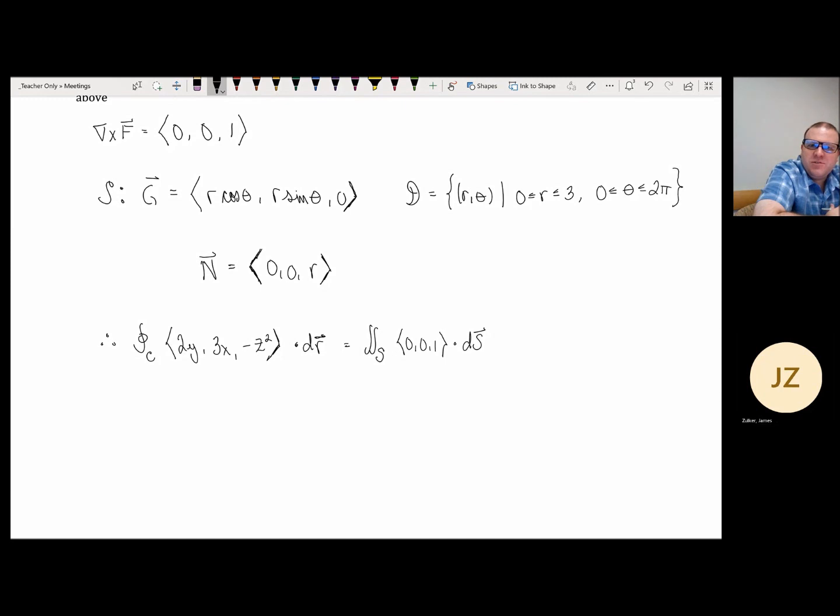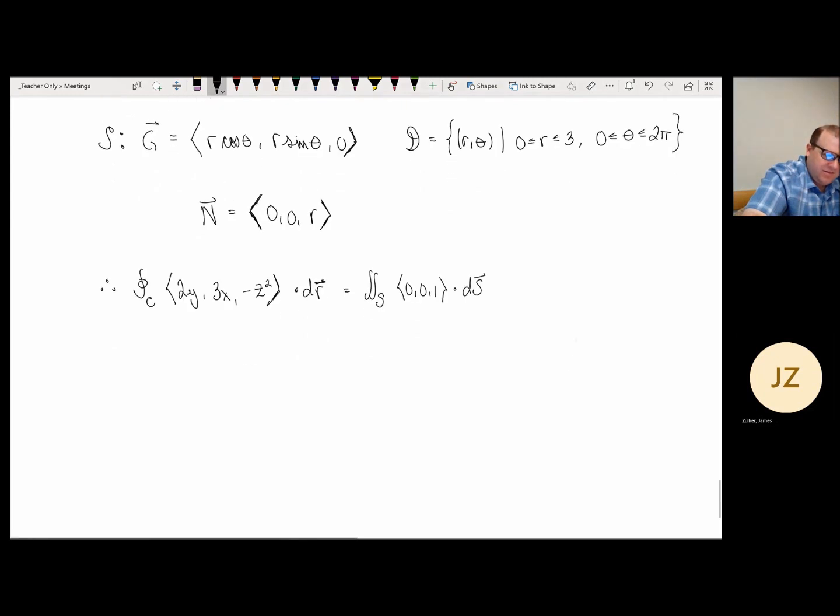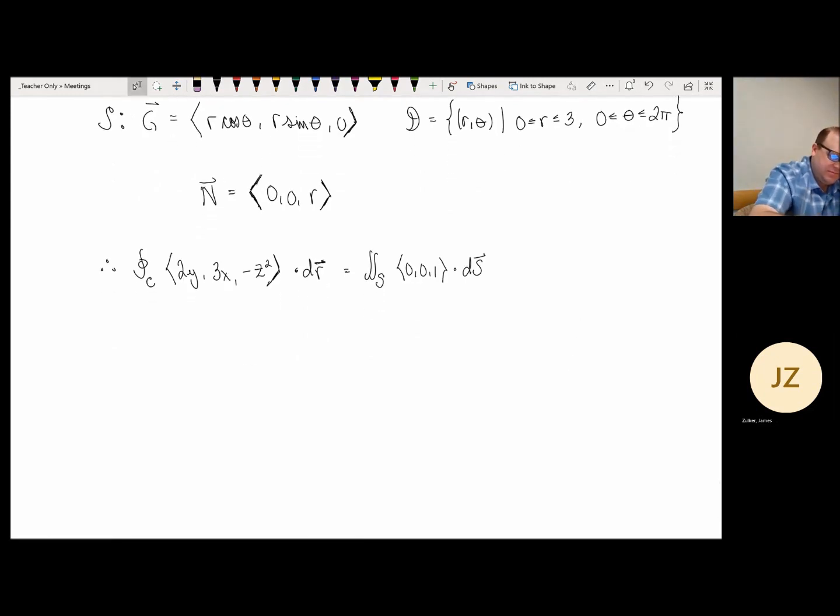Now we're dealing with this surface integral. The curl along the parameterization.